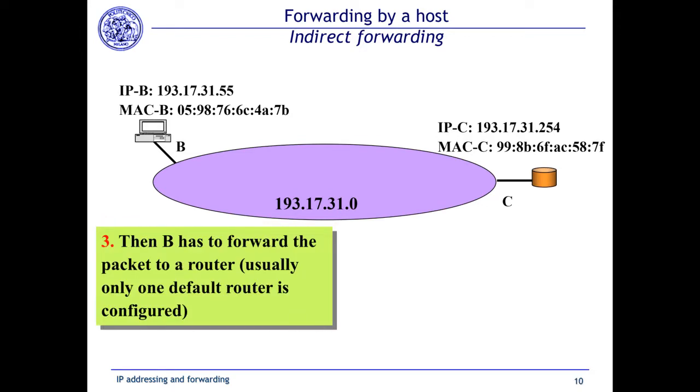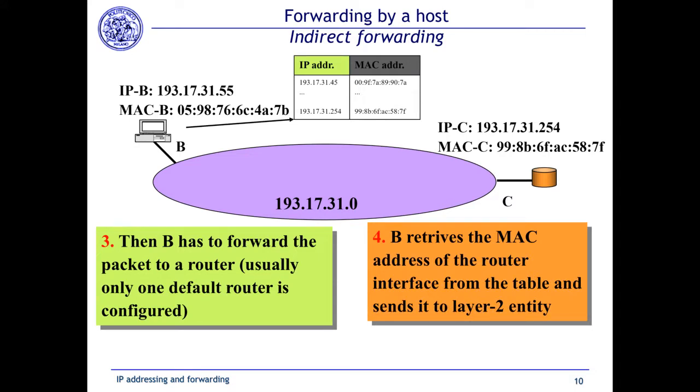In any case, the first hop, so the packet that originated in B must be transferred to the interface of C, and this is possible only exploiting the capability of the layer 2 network that is interconnecting B with C.